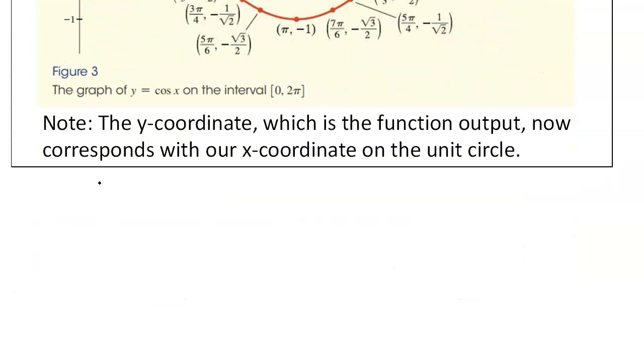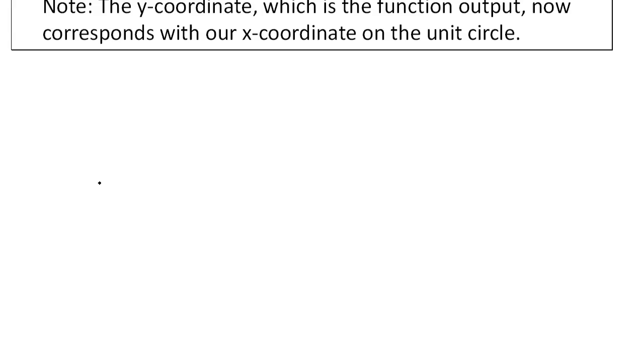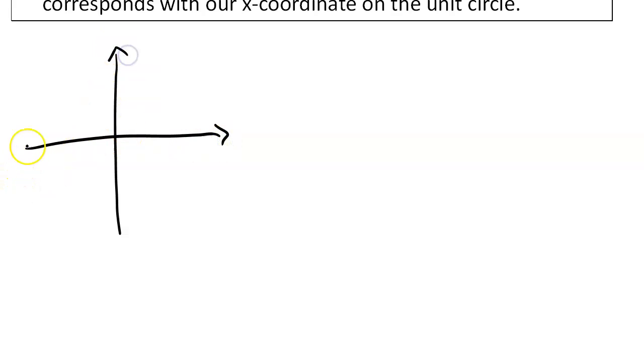One thing that I will talk about now that I may not have mentioned in my previous video is something that hopefully will clarify what I'm talking about when I'm saying the input is our theta and the output is our y or x coordinate.